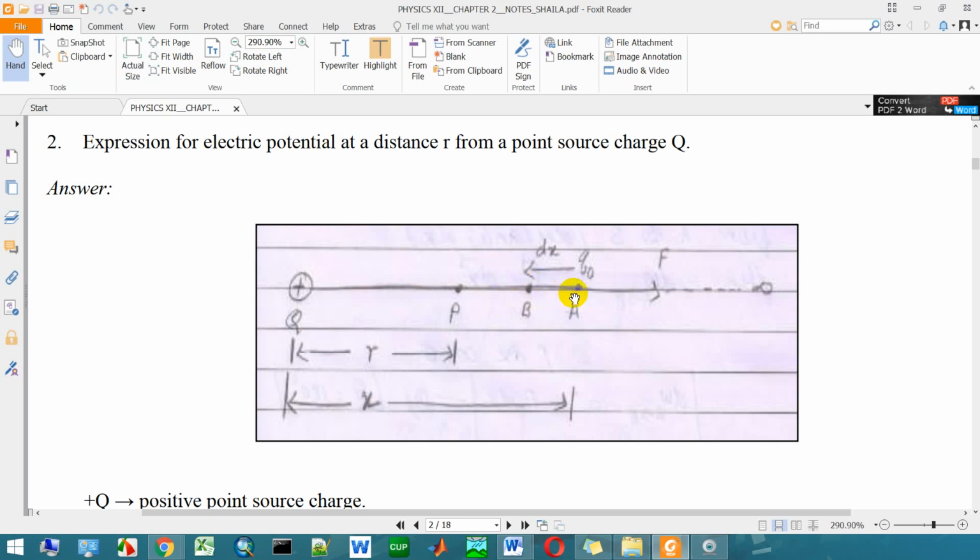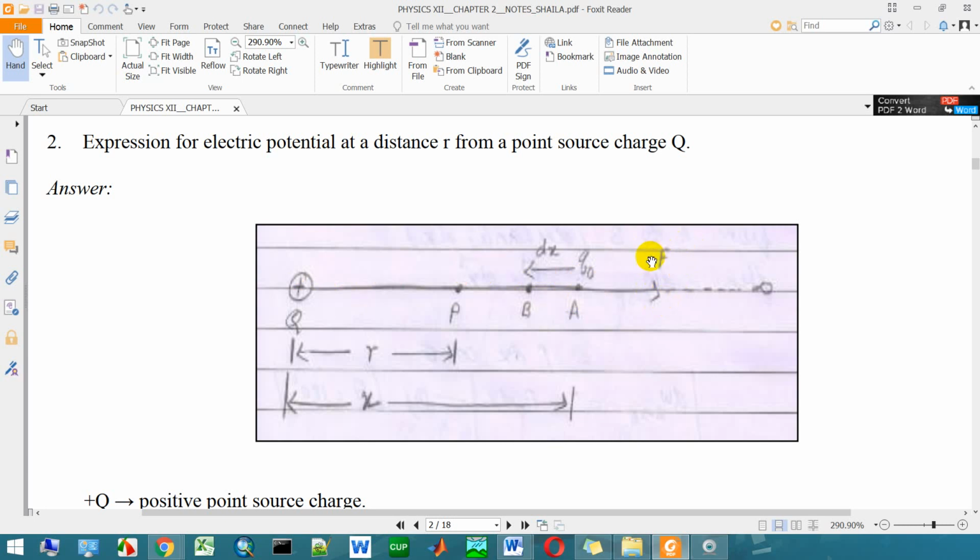Here, since the source charge is positive, the test charge will experience a repulsive force. That is the reason why we have represented the force along this direction.